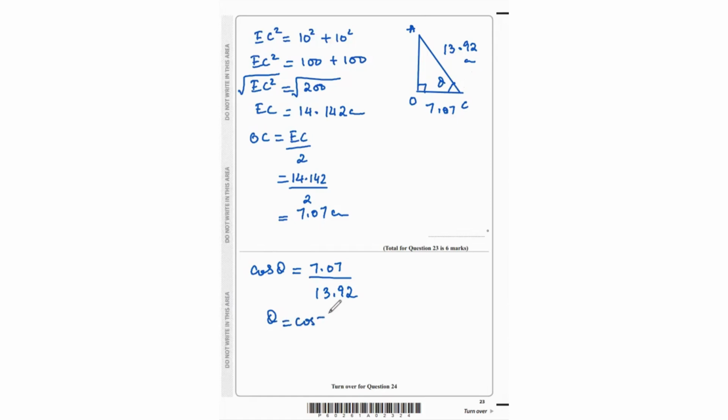So cos inverse of 7.07 divided by 13.92, and that gives us 59.47 degrees. They want the answer correct to 3 significant figures. That's going to be 59.5 degrees. That's your angle. And with that, we're done with the questions for volume and surface area mixed with 3D trigonometry.